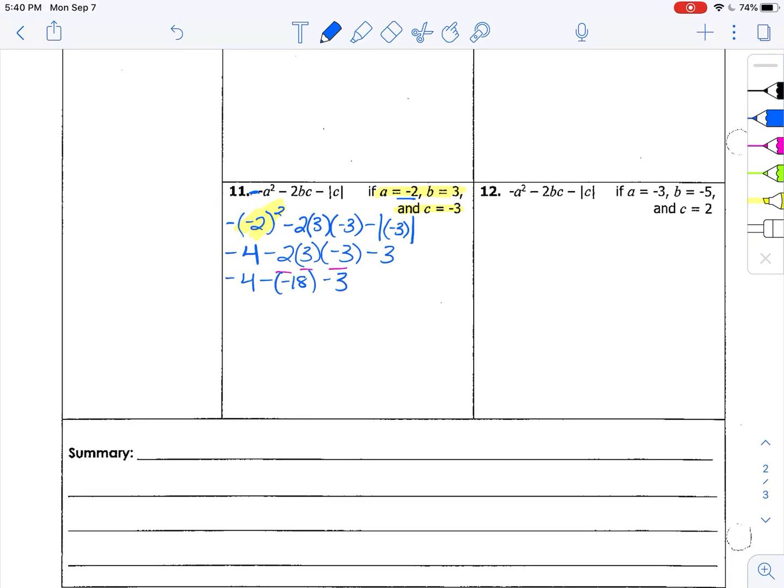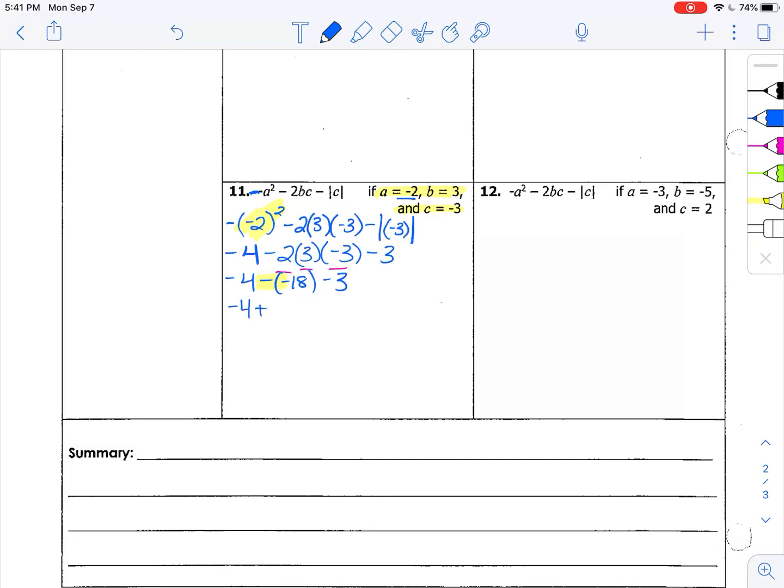Before I continue my next step, I'm going to rewrite it so that I don't have this subtraction and negative side by side. So it's like rewriting your subtraction with a negative that we talked about in our previous lesson, where you change it to addition and then change that negative 18 to its opposite. So I still have the negative 4.